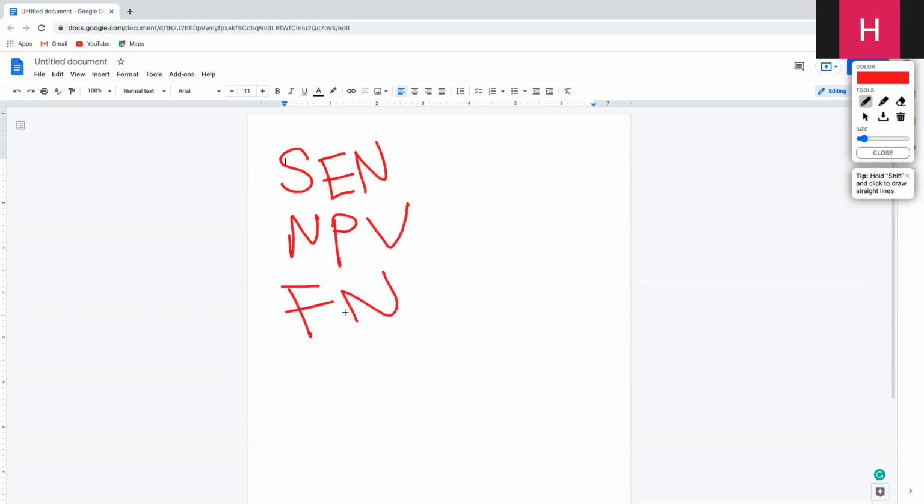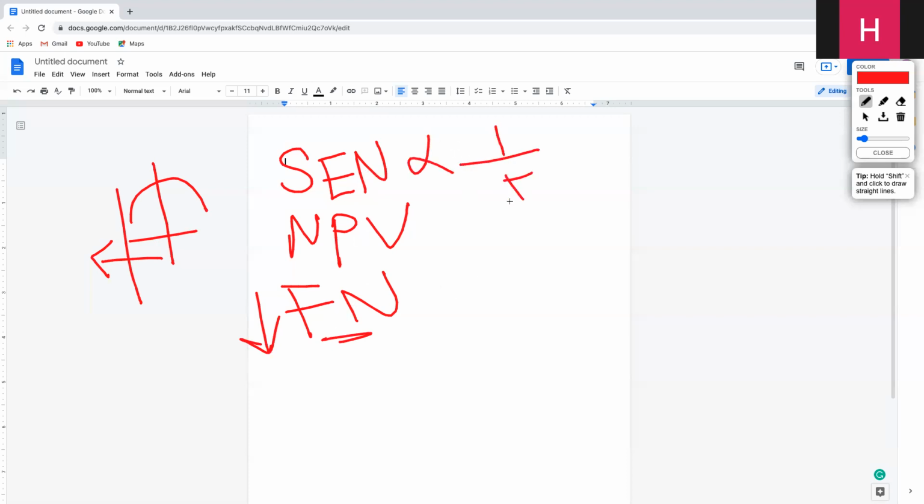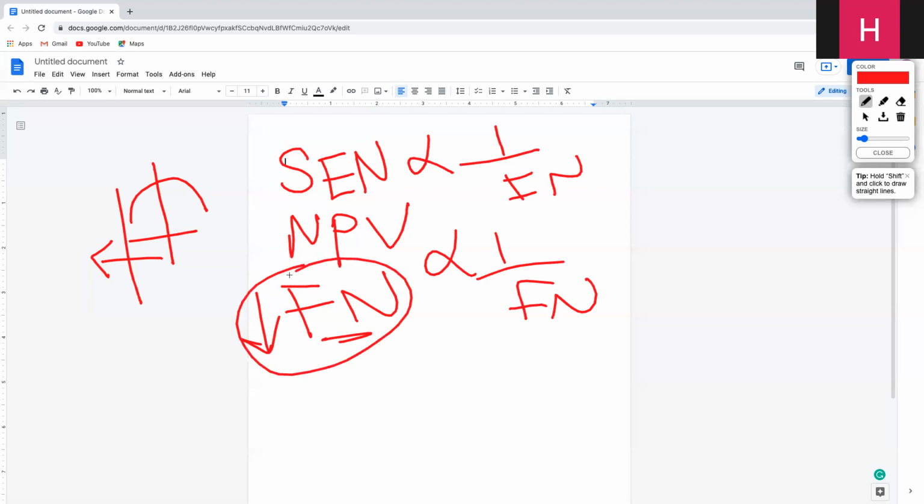Whenever you see the small curve decreasing, this one has an inverse relationship with the sensitivity and the negative predictive value. It's 1 divided by false negative. So by decreasing the false negative, you are increasing the sensitivity and increasing the negative predictive value.